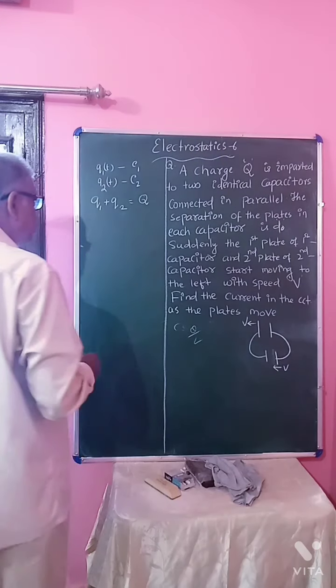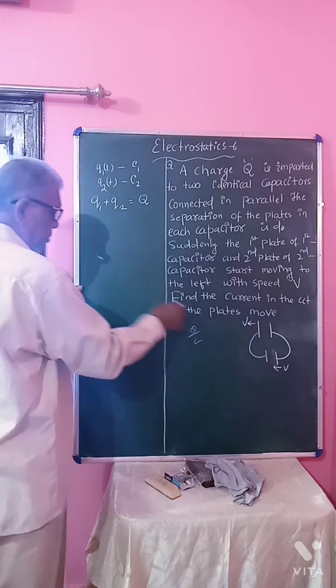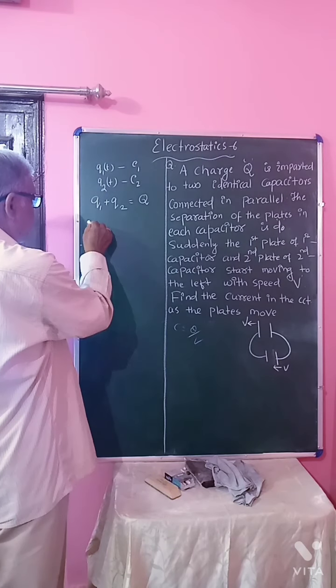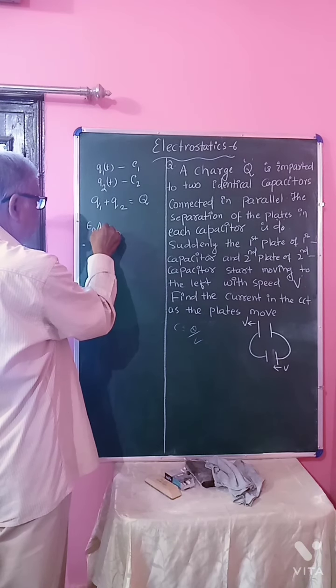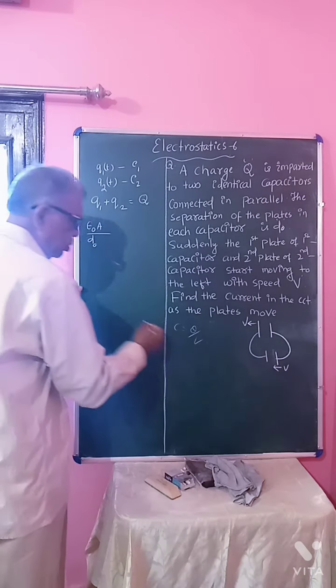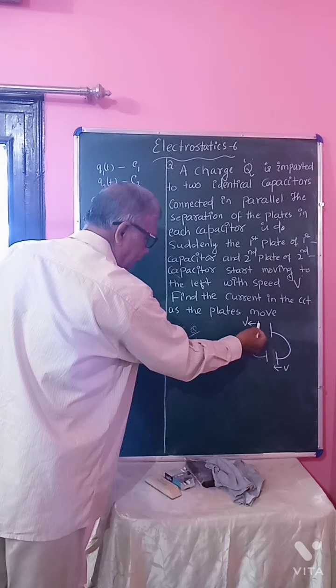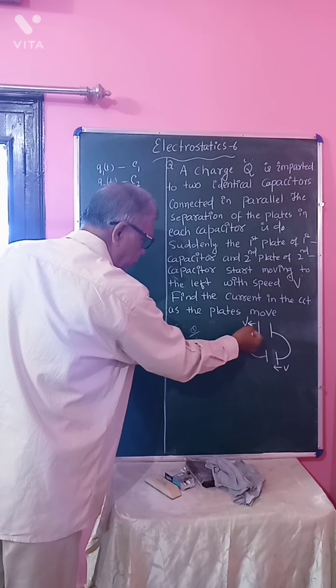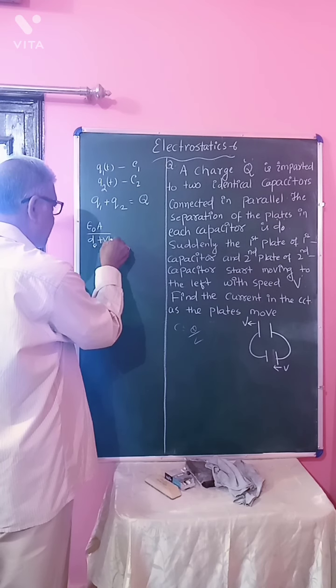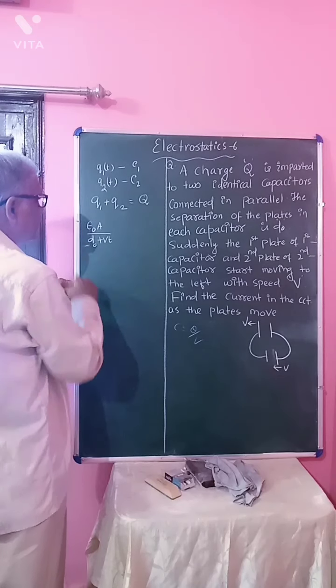Now, the capacitance of the first capacitor at time t is epsilon 0 A by the separation. Instead of separation d0 between the plates, in a time t this plate has moved a distance vt, so the separation will be d0 plus vt. This is how the capacitance decreases.